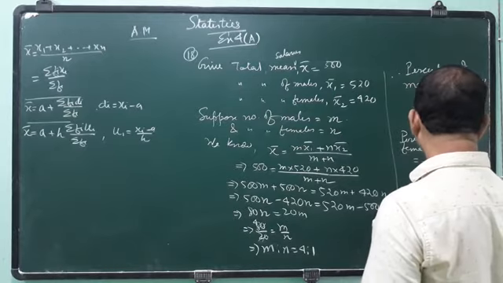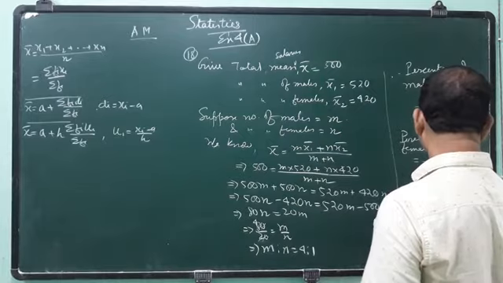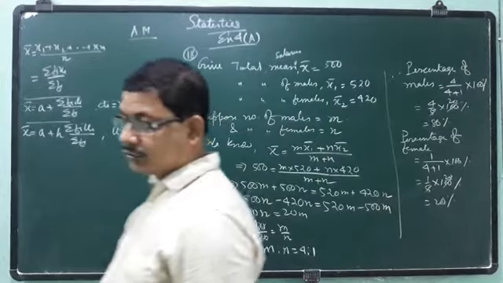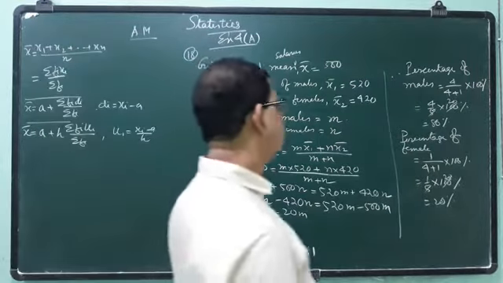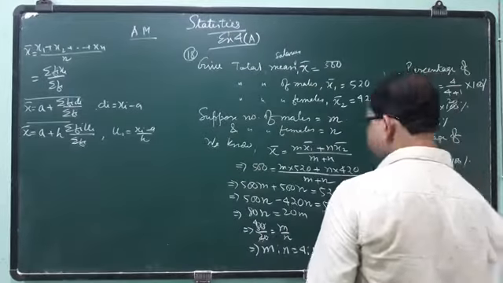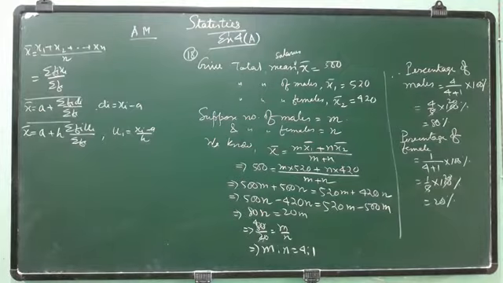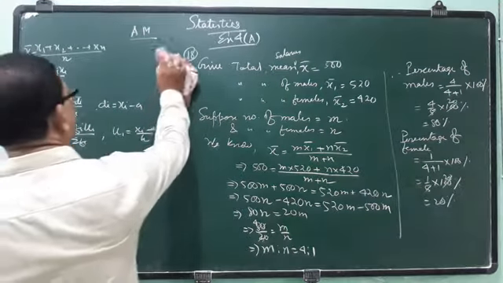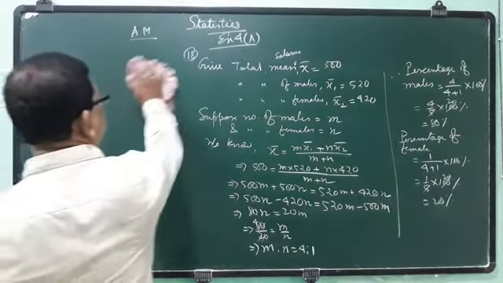So we get 1 by 5 into 100%, that is, we get 20% females. So what we got is percentage of males is 80% and percentage of females is 20%. So the sum of them is 100%. Now we are going to do question number 19.